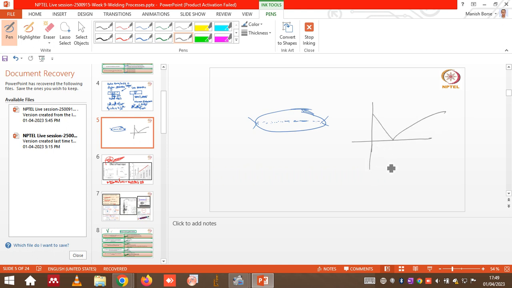Any alloy which has a composition near the eutectic point, we consider good for casting, right? So casting also involves melting and solidification. We can pour molten metal into a certain pattern, and we are able to form the joint. But again here also solidification will happen, with the alloy near the eutectic composition.